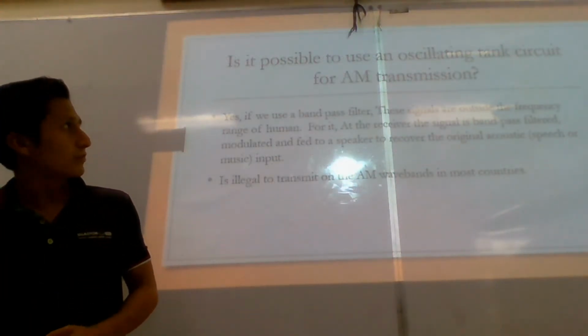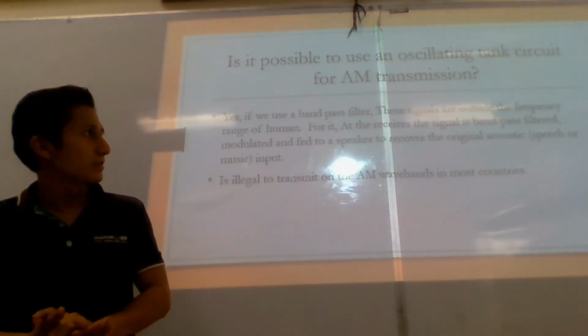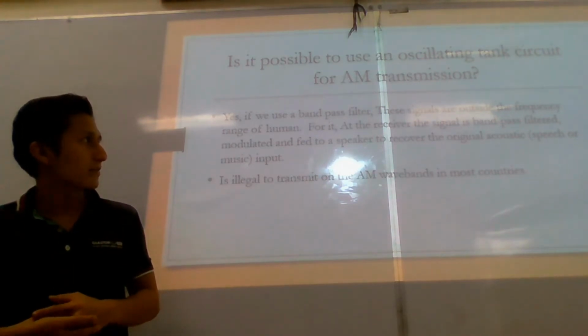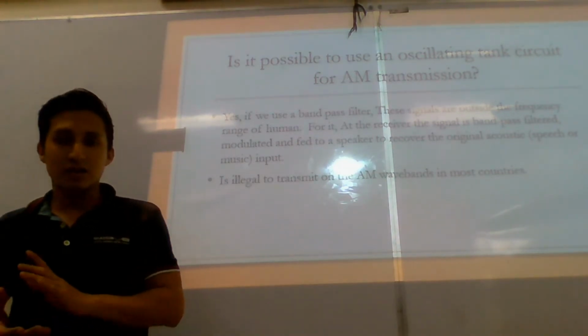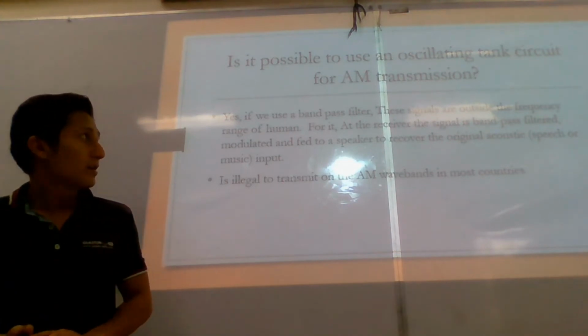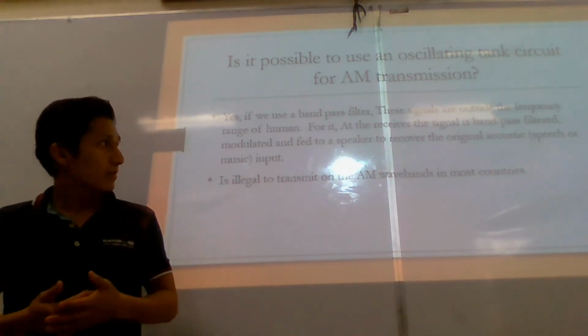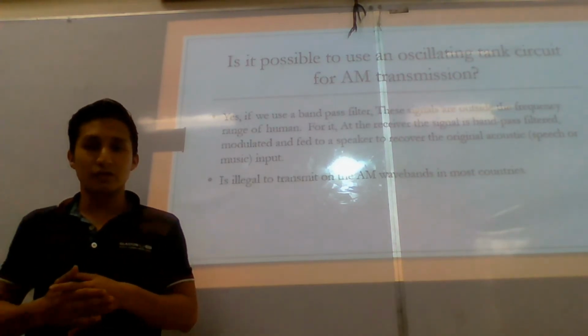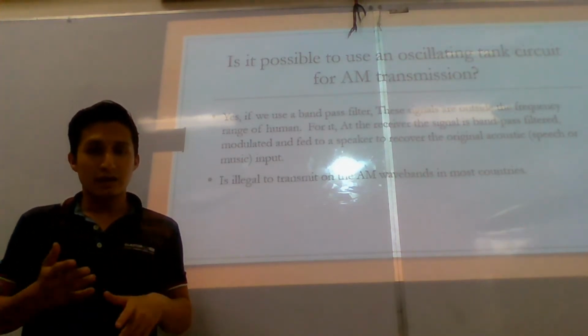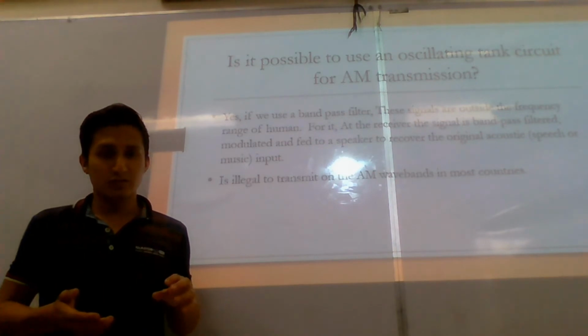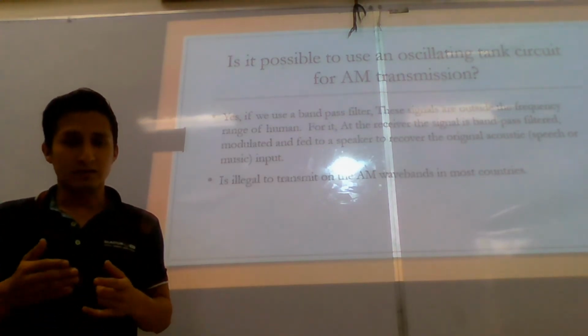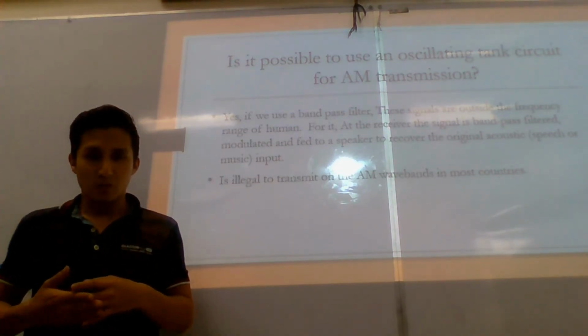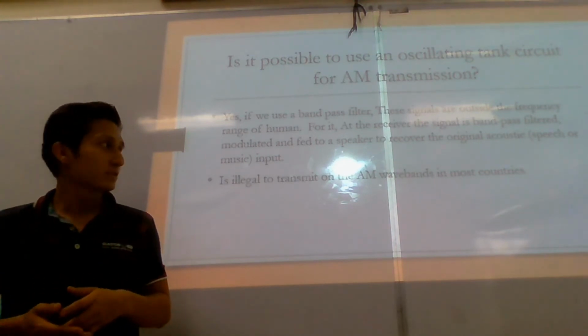It's possible to use an oscillating tank circuit for AM transmission. Yes, if we use an amplifier, the signal is outside the frequency range of human hearing, around 0.5 to 1.6 megahertz.